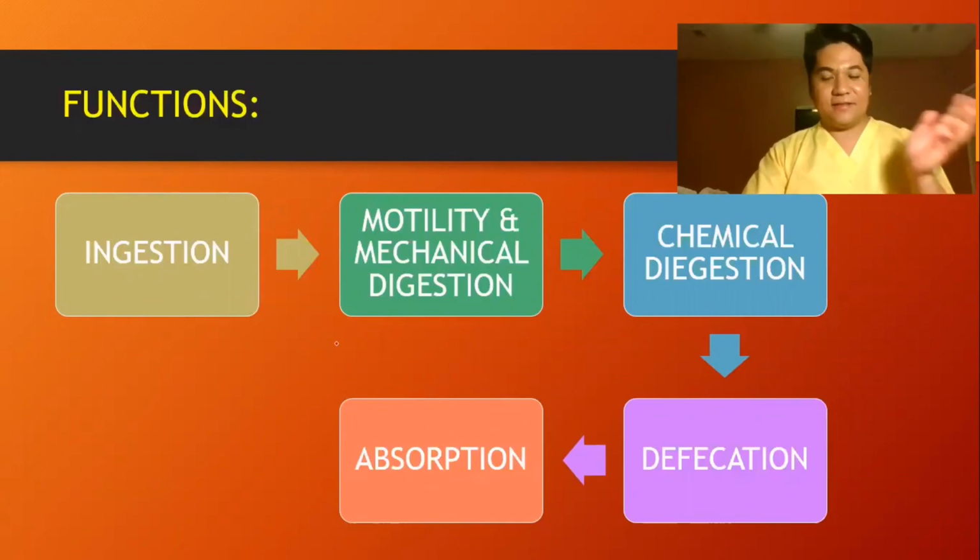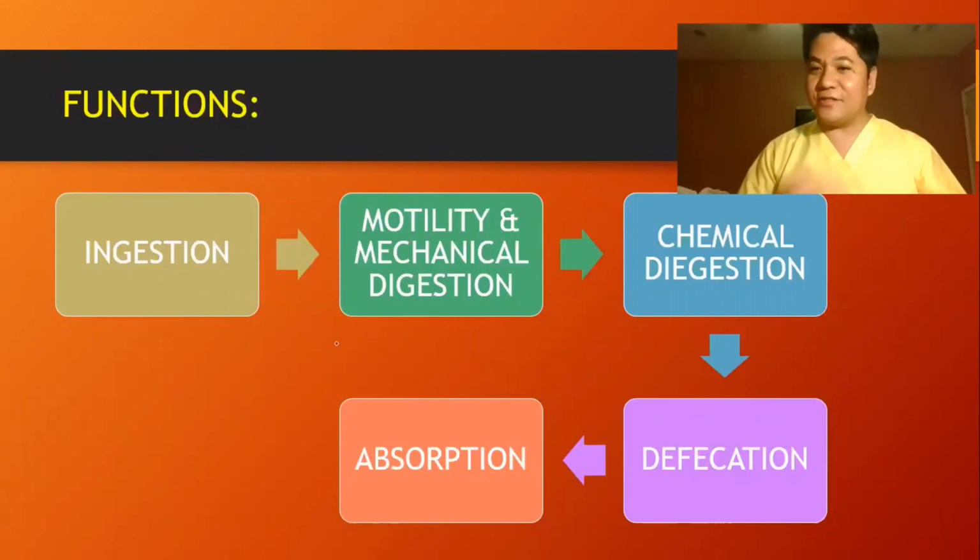This is followed by chemical digestion, which of course occurs in your stomach, creating chyme, and then it will be absorbed through your small intestine and the large intestine as well. Later, when the product is reabsorbed and absorbed by the body, the defecation will occur. So that's the function of your GIT system.